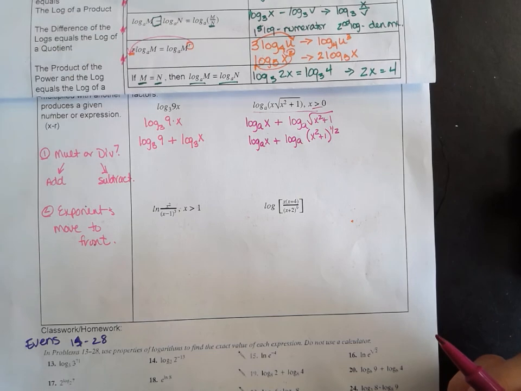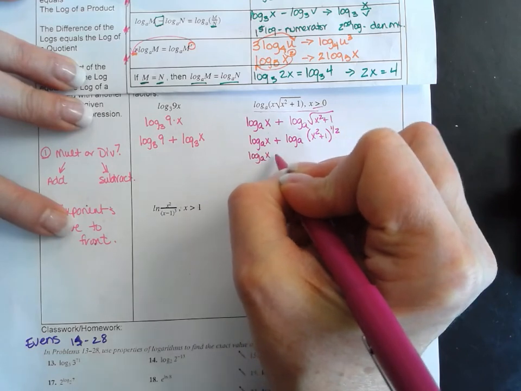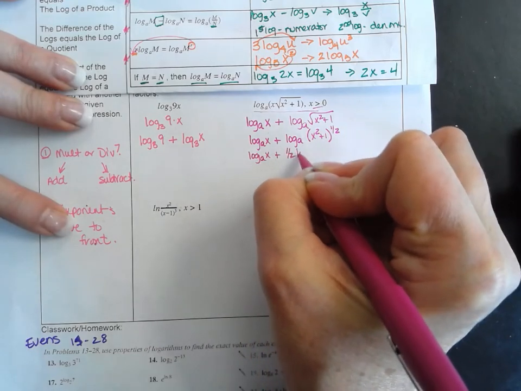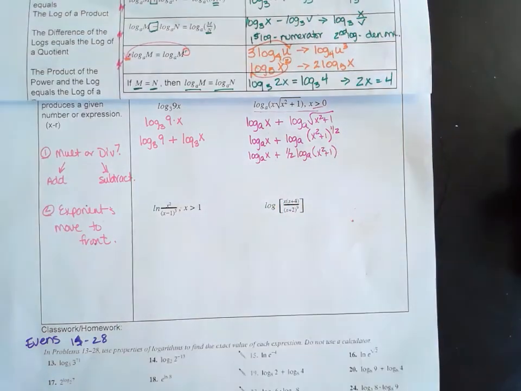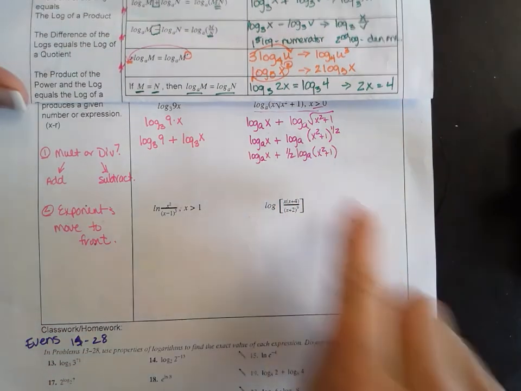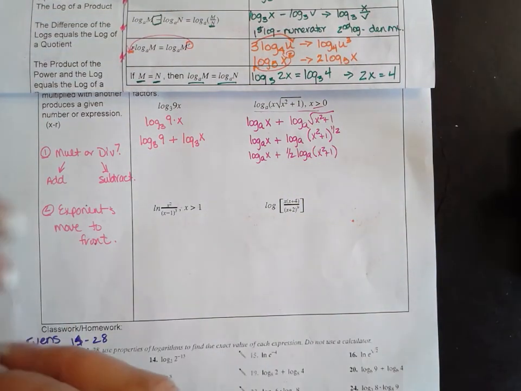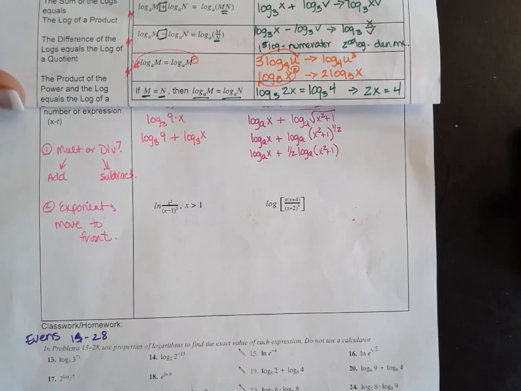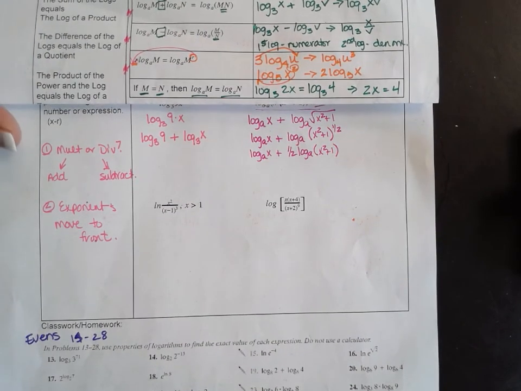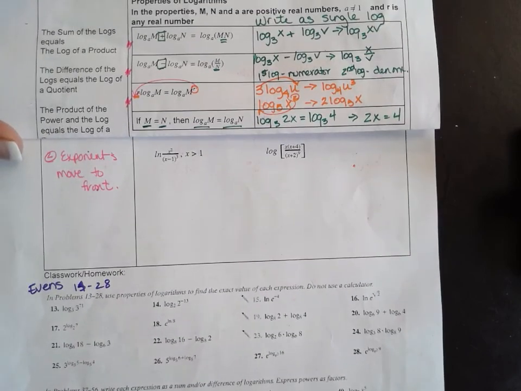Yeah, what do I do with that exponent? Move it to the front. Okay? Now, that exponent has to be an exponent to a whole group kind of thing. Alrighty? That's it.